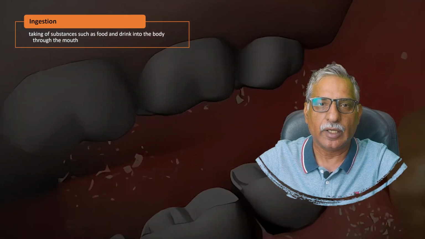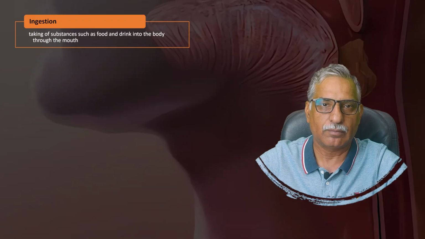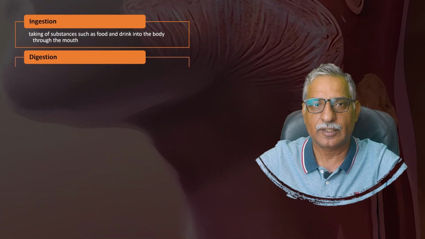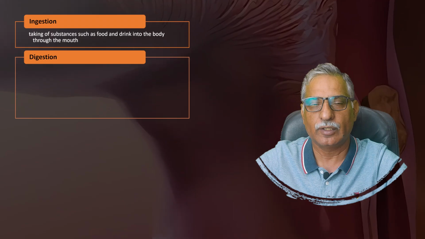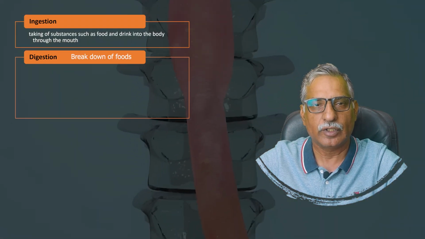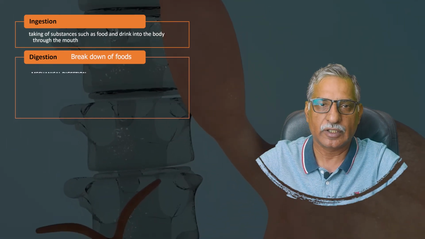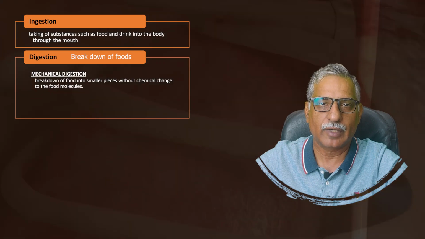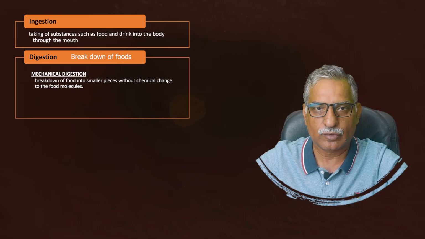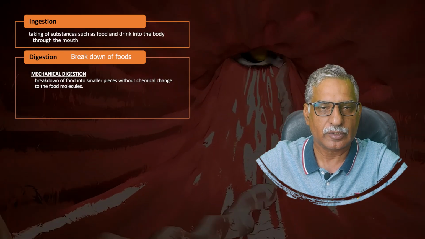Ingestion means intake of food into the digestive system, which mainly occurs at the mouth. Then comes digestion. Digestion involves the breakdown of food, and this involves two types of digestion. One is physical digestion, or what we call mechanical digestion. In physical or mechanical digestion, larger food pieces are broken down into smaller food pieces.